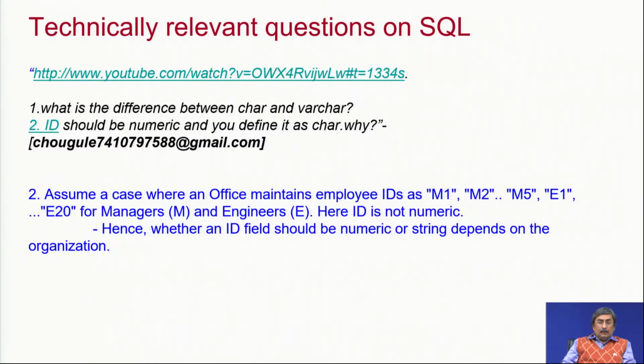For example, let us say there is an office where IDs are M1, M2, M5, E1, E2, E3, E4, where M means managers and E means engineers. You can very easily see that ID is not numeric in this case, it is alphanumeric. So, ID should be string instead of numeric in these cases. What it will be depends on the problem statement; the way the problem statement is given, you have to identify the type of that particular attribute.